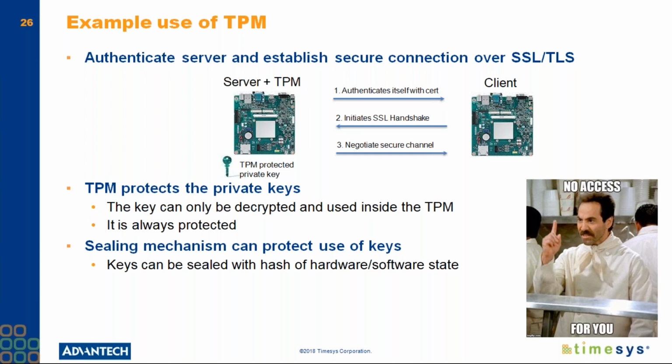And once U-boot loads the Linux kernel, it can do the same and extend these hashes. And these are stored in a register called PCR register on the TPM chip.